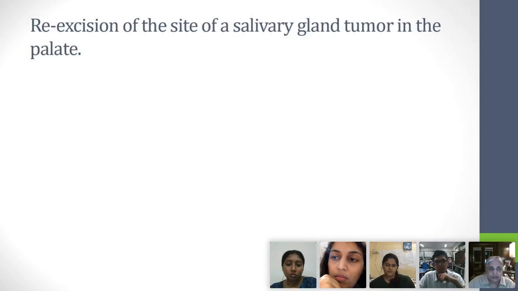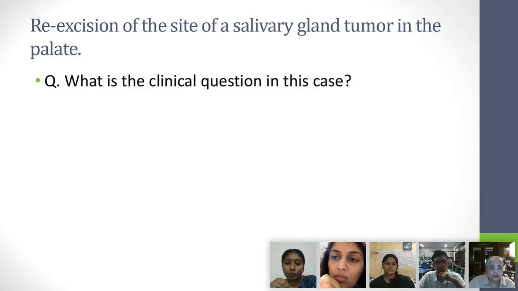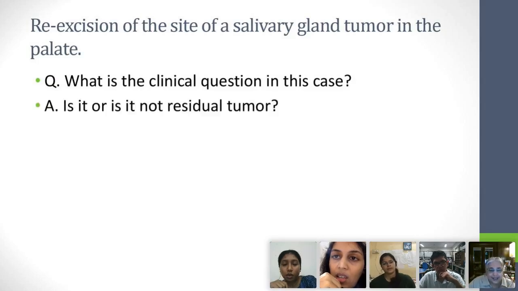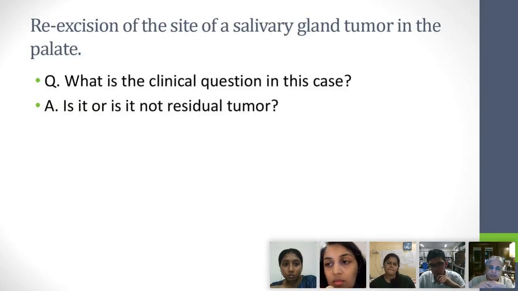Is that what he's saying? They ask us many questions, you know. Residual tumor. What is the clinical question in this case? Is something remaining? Is it or is it not residual tumor? Now, Ashish, is it or is it not residual tumor? We don't know what that tumor was.